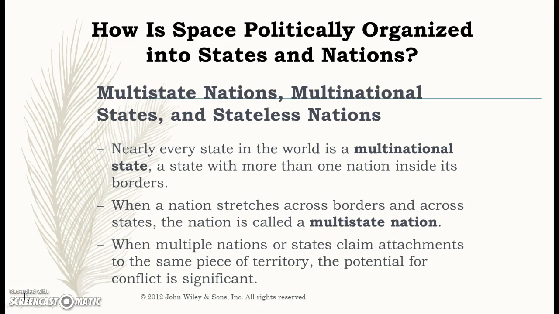Nations, on the other hand, are cultural groups that are most often self-defined, that may or may not have control over their own territory, and that's part of what we're going to talk about today: various geographic manifestations of states and nations and what that means.